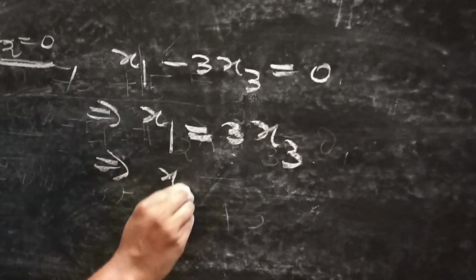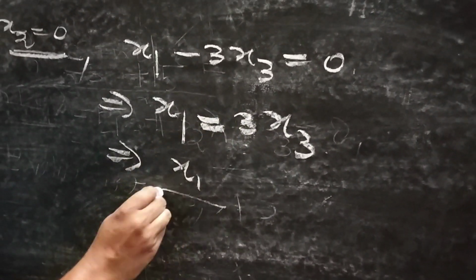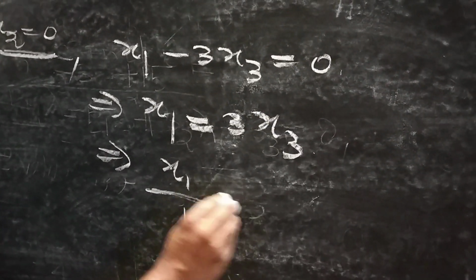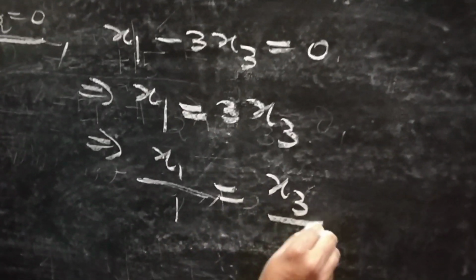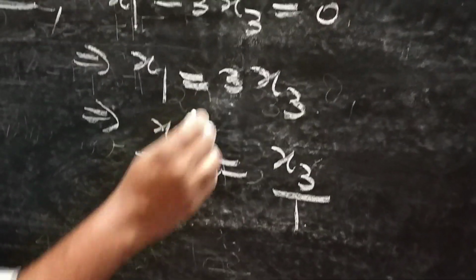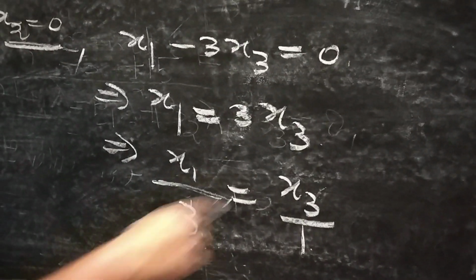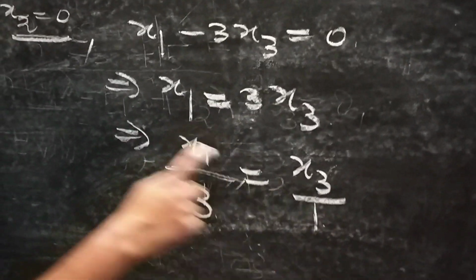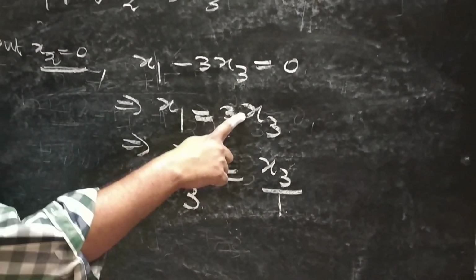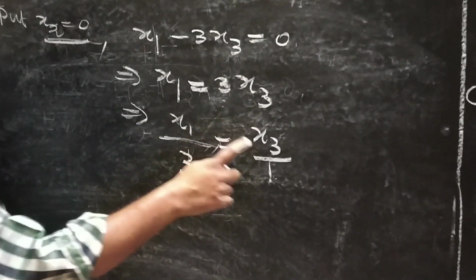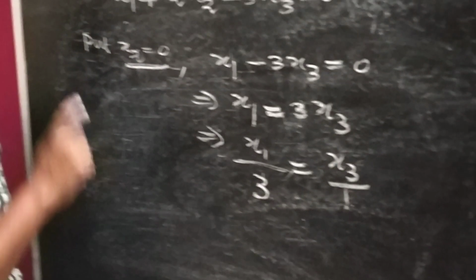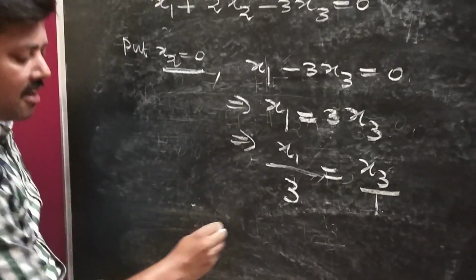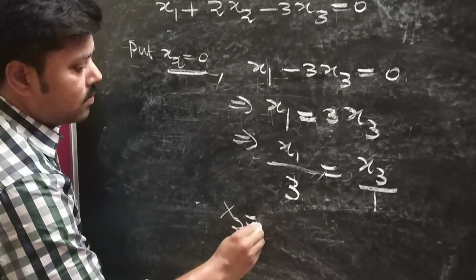So x1 divided by 3, x3 divided by 1. Just cross multiply, we get this equation, right? 1 into x1, x1, 3 into x3. So x1 value 3, x3 value 1, x2 value 0. This is the second eigenvector x2.